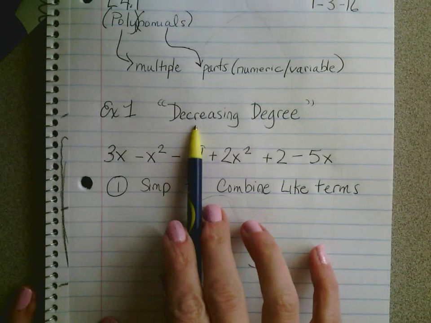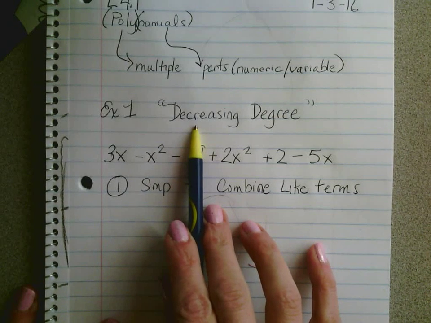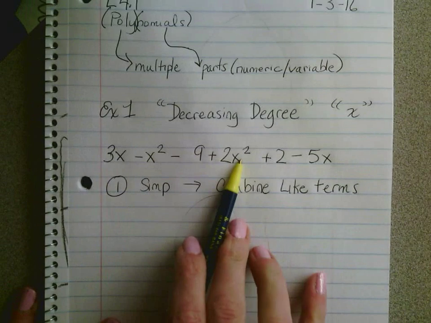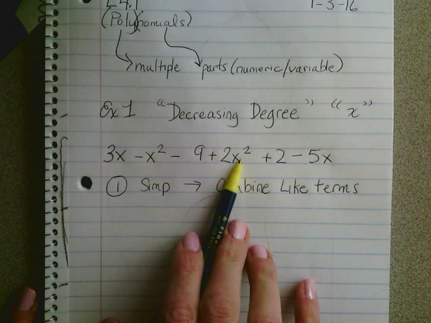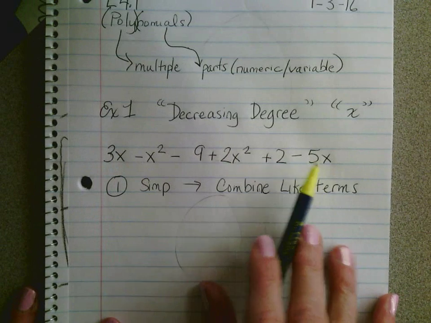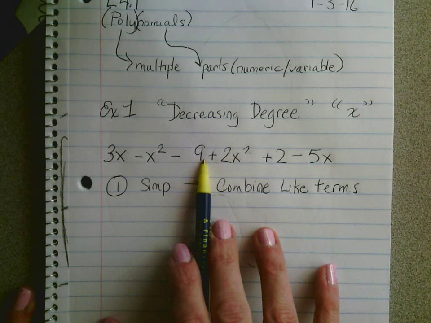Well, in decreasing degree of x, the highest degree is going to be the variable with the largest exponent, which is x squared. This is x to the first, this is x to the first, and the 2 and the 9 are not variables at all. They're constants, so they have a degree of 0 when they do not have a variable, so to speak.